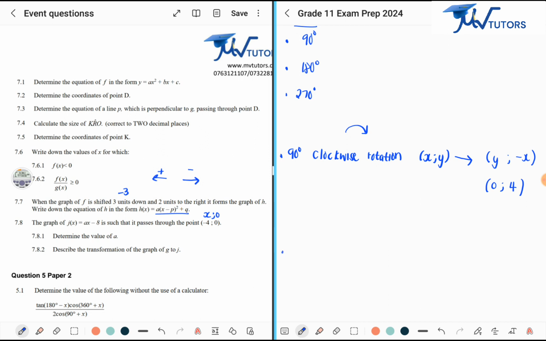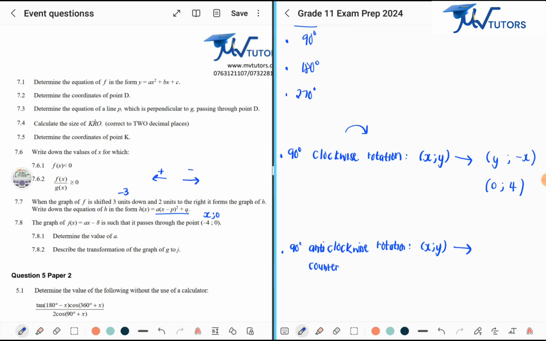That's the first rule. What about the second rule? That's the one that we did. If we have 90 degrees anti-clockwise rotation, what would happen there? If we have our x and y coordinate, another word for anti-clockwise is counterclockwise. Counter just means it goes against.